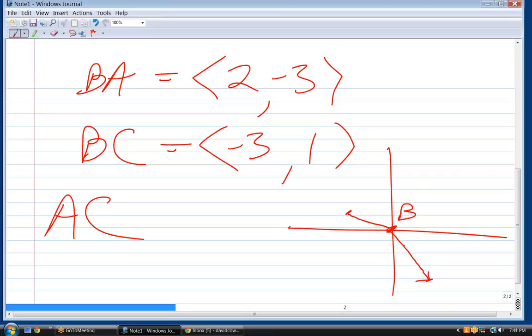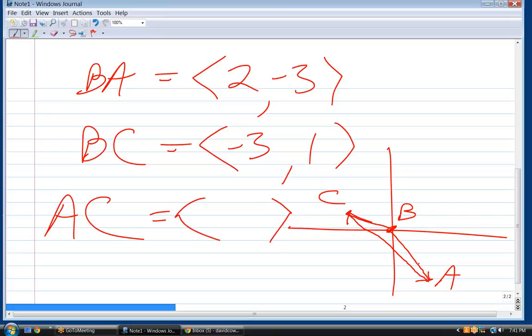So this is B, this is A, this is C. And they want to know AC. What do I have to do to get from A to C? So you have to subtract the answer to each component.